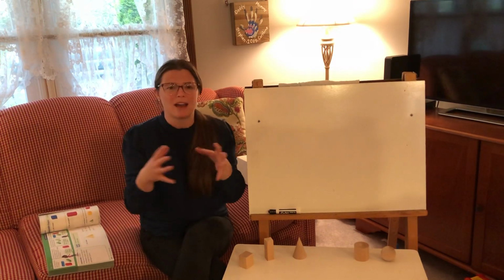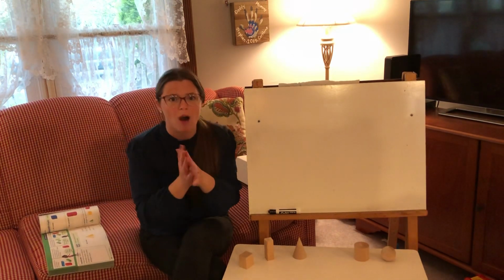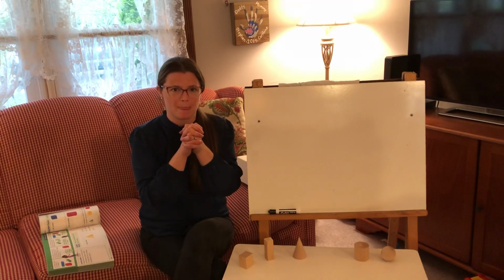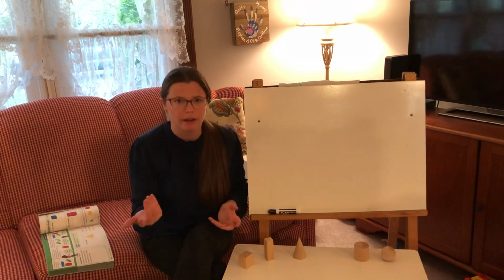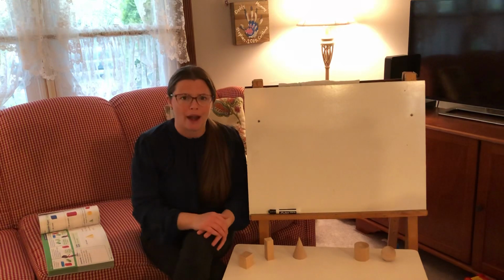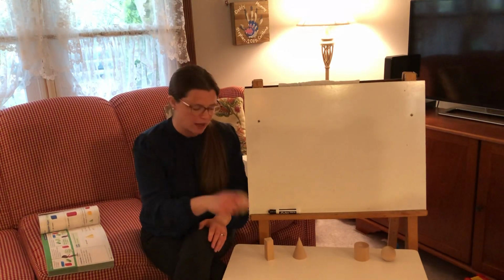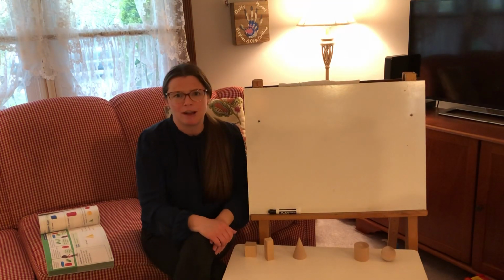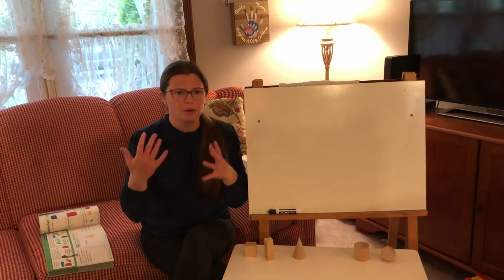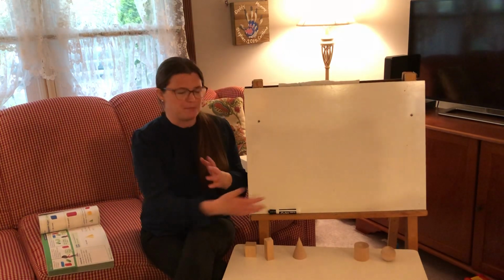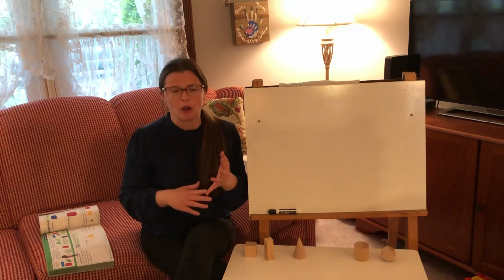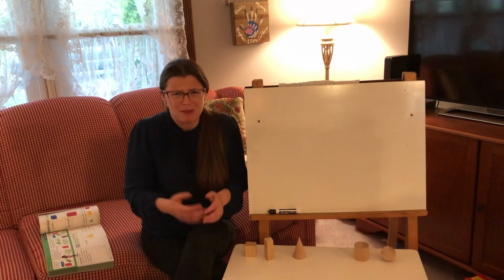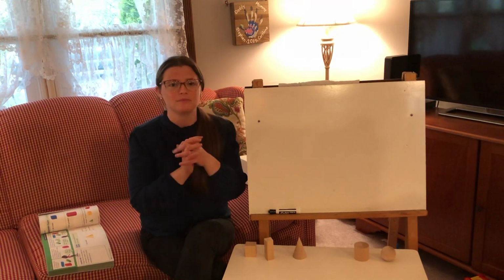So it doesn't matter how big or how small something is. It also doesn't matter what color it is. They don't all have to be brown. We know that, right? Or beige, whatever color this is. They don't have to be red or orange or blue or green to be considered a cone or a rectangular prism. They can be any color they want.